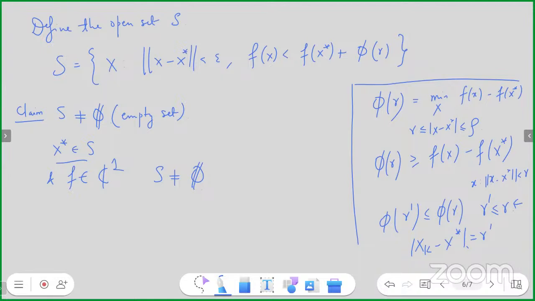So look at the definition of S. It's all points which are at most epsilon from x star. We know that xk belongs to S. So that means xk minus x star is less than or equal to epsilon. And from there, how do you get that xk minus x star is less than or equal to r prime, which is less than or equal to r?